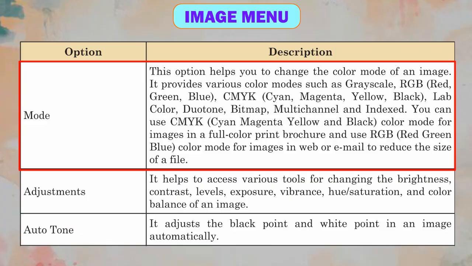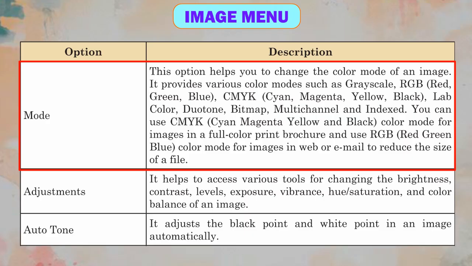Option Mode. Description. This option helps you to change the color mode of an image. It provides various color modes such as grayscale, RGB (red, green, blue), CMYK (cyan, magenta, yellow, black), Lab color, duotone, bitmap, multi-channel, and index.